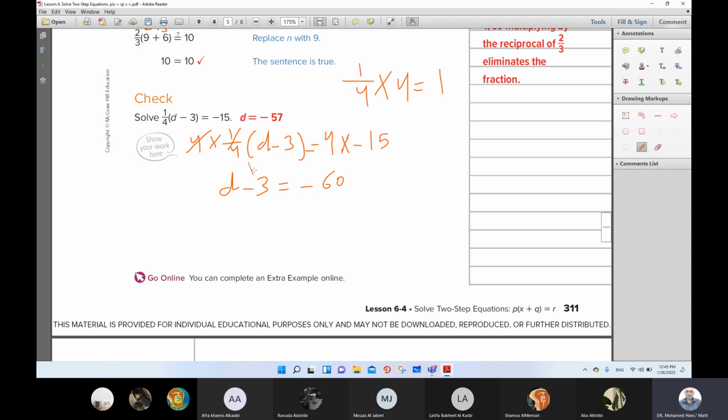Try to remove the constant negative 3 from this side. So add 3 to the two sides. Minus 3 plus 3 will be 0, remains here d, equal negative 60 plus 3 will be negative 57. This is the solution of this equation.